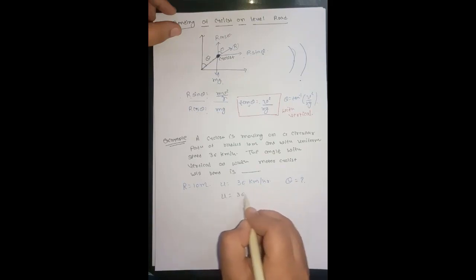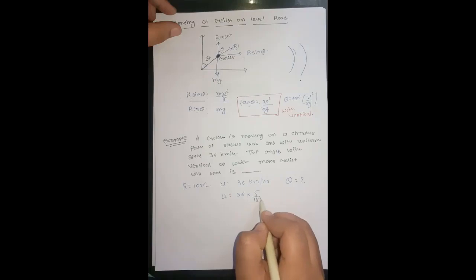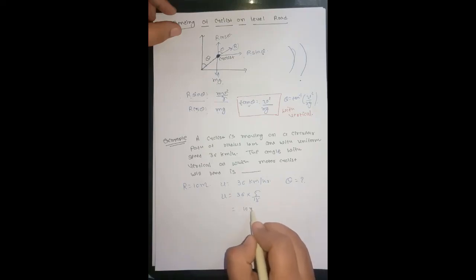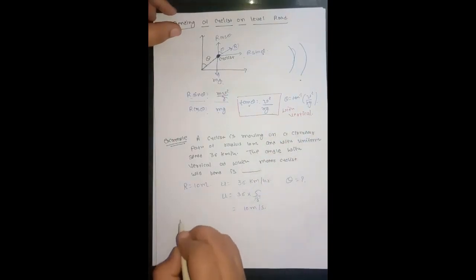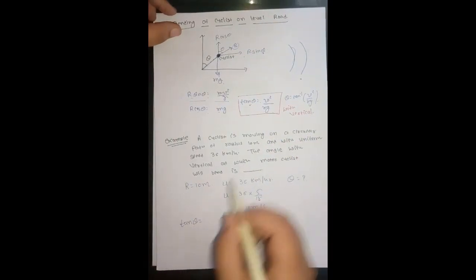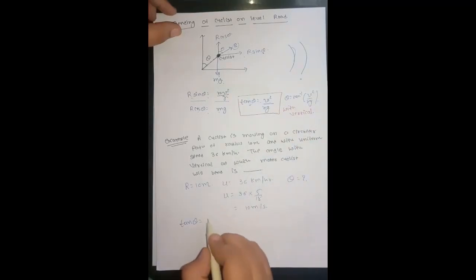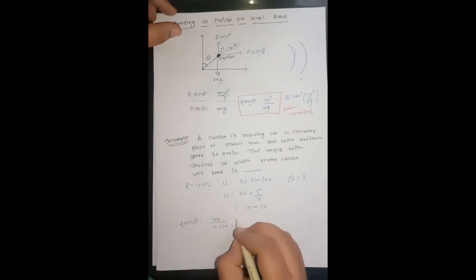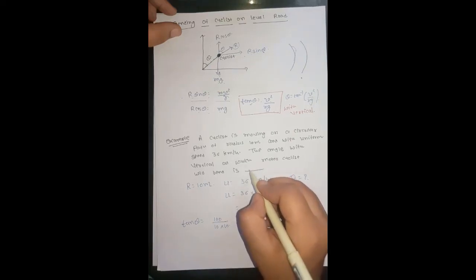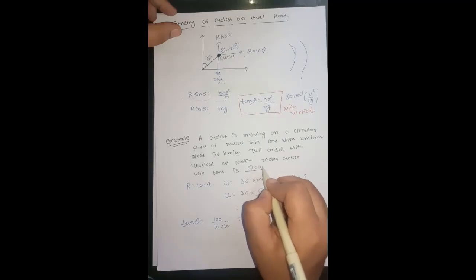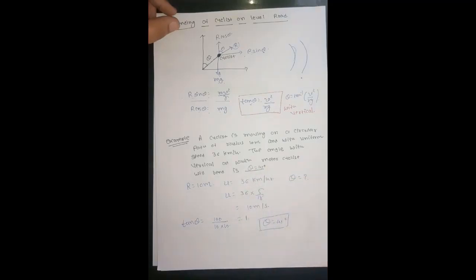So v will be equal to 36 into 5 by 18, that will be equal to 10 meter per second. Now use this formula, then tan theta is equal to v square, that is 10 square, 100, upon r, 10, into g, that is 10. So tan theta is equal to 1. So theta is 45 degree. So he should make the angle theta equal to 45 degree with the vertical.